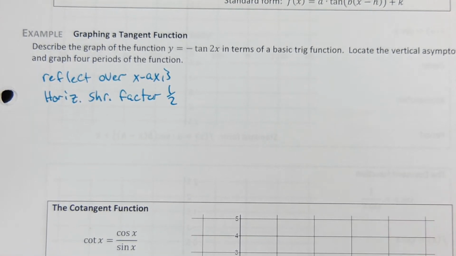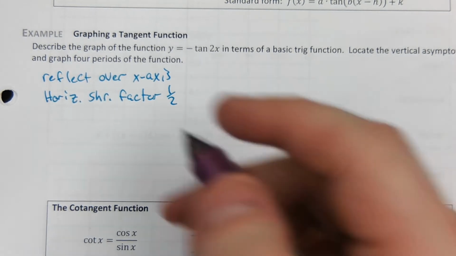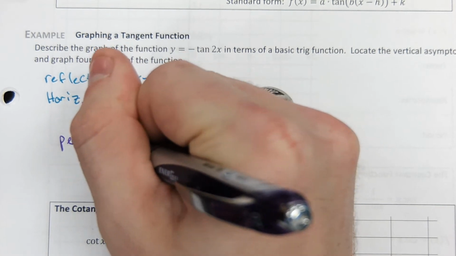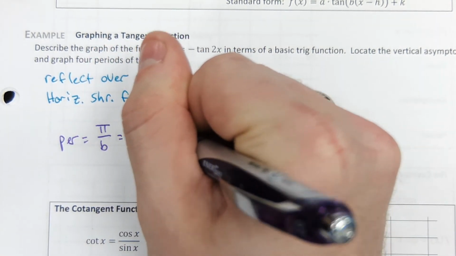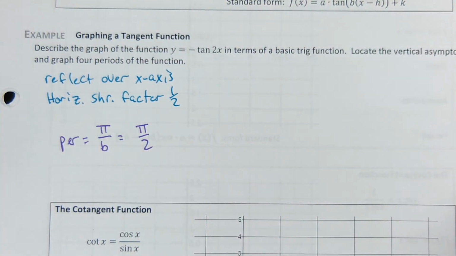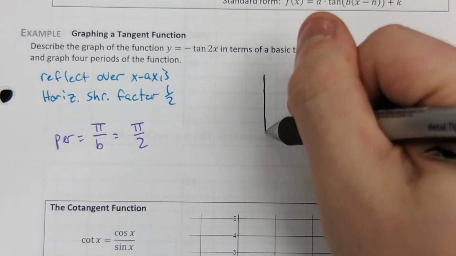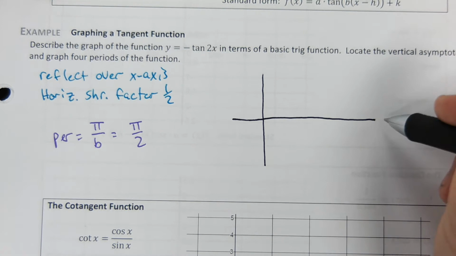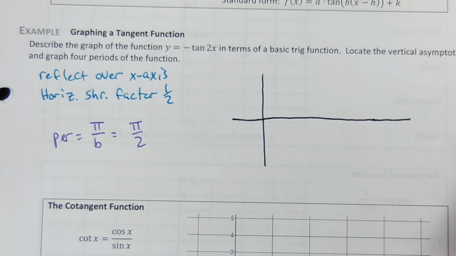So then the period length of this thing is no longer pi. Now the period is pi over 2. My asymptotes will be pi over 2 away from each other. My zeros will be pi over 2 away from each other, so on and so forth. When I sketch my tangent and cotangent graphs, I don't even use y values because who cares?